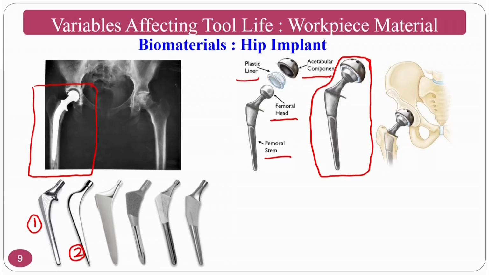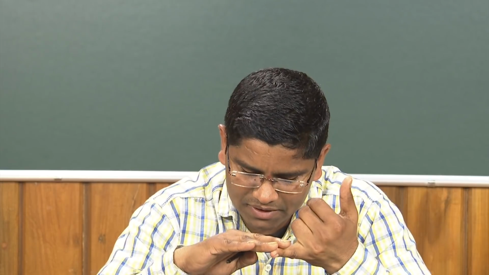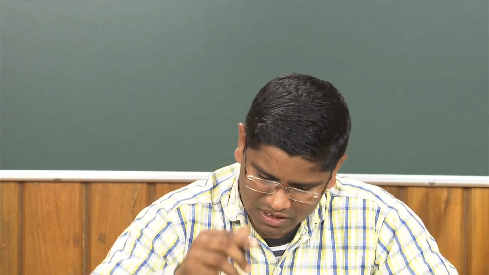Normally I require hydrophilic property so that I can coat the biomaterials on it, and whenever you implant it, the cells will grow on it. Okay, so for that purpose, normally you do a safe machining process. Okay, that is about the stem.